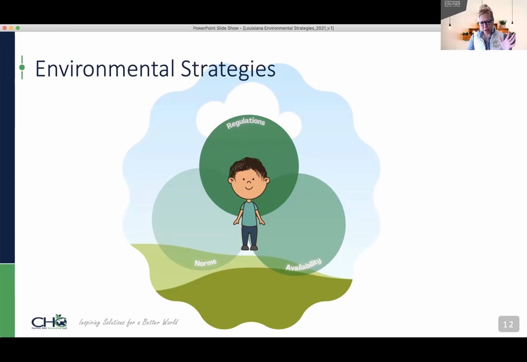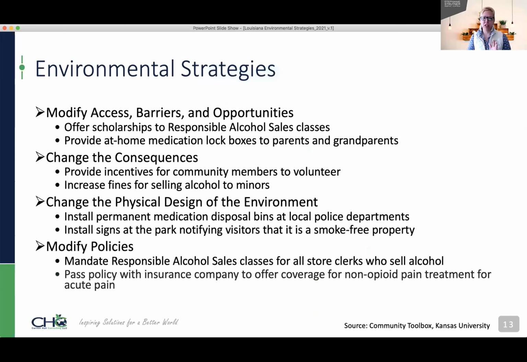And so when we think about how we use environmental strategies, we're able to engage in those strategies like modifying access or changing barriers. Sometimes that's implementing barriers when it comes to accessing drugs. It might be reducing barriers, like barriers to effective protective factors or other opportunities that help to lessen the likelihood that someone will engage in risk behaviors associated with substance use.